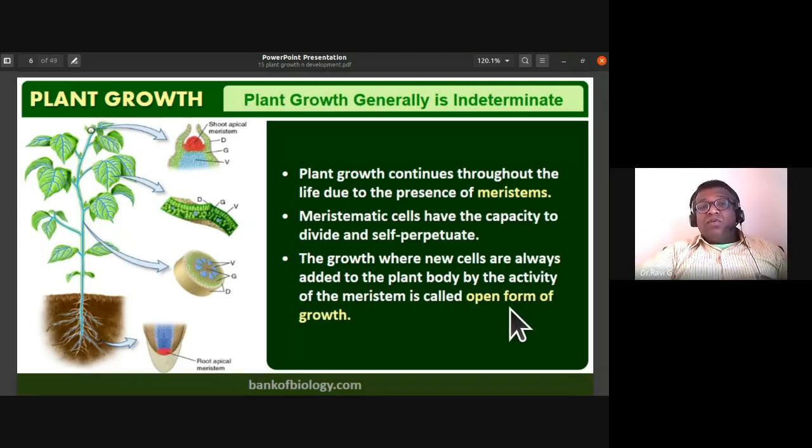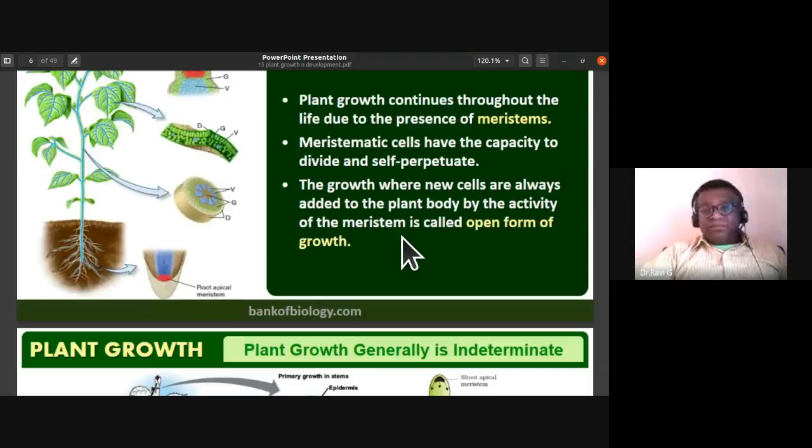That is in case of human beings or animals. But in case of plant, the growth continues throughout its lifetime due to the presence of meristems. So the growth where new cells are actively added to the plant body by the activity of meristem, we call it as open form of growth.